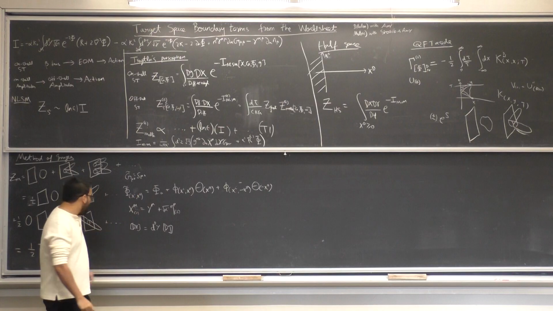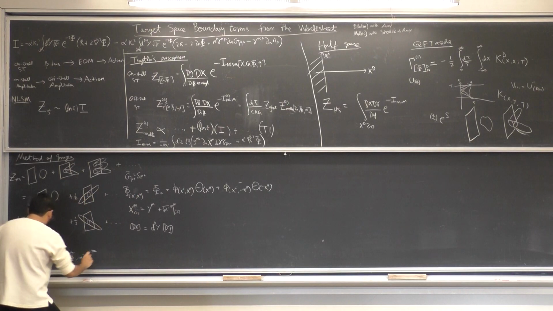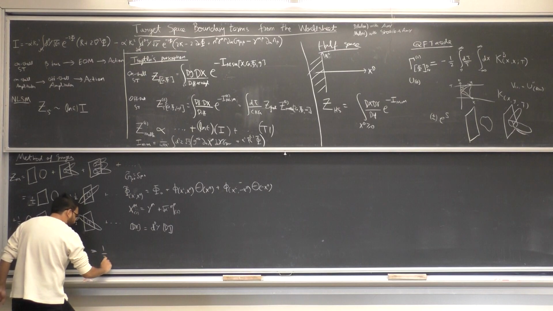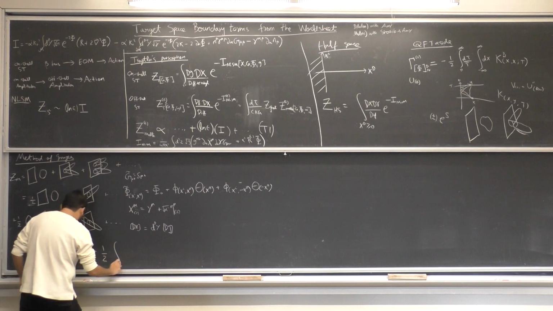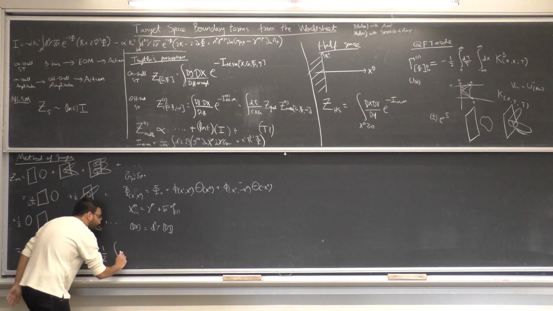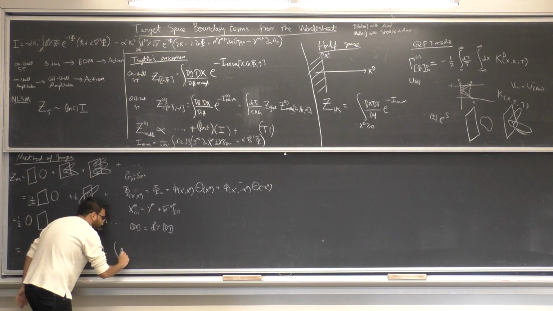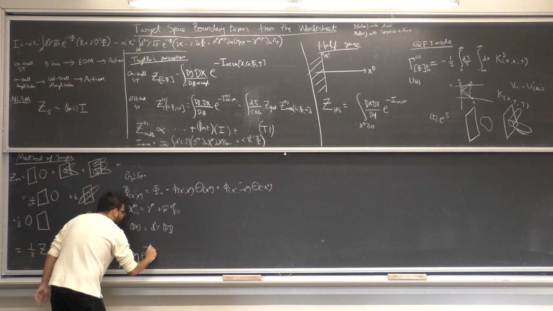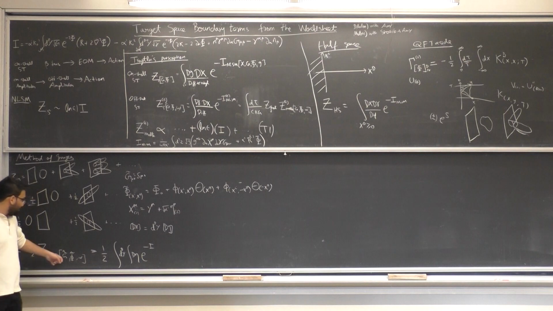So the z half-space, reflected, now becomes a half integral. This is the same thing as before: dX becomes dy, integral d eta, e to the power of minus I as a function of phi.